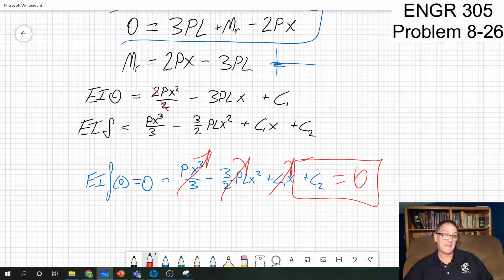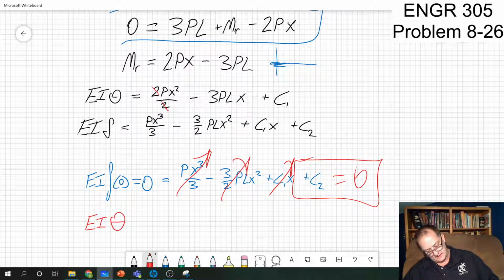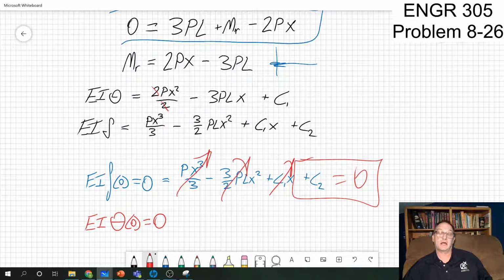The same thing is going to happen with the EI theta equation, because I know that the angle theta at 0 is equal to 0. That's going to eliminate the first two terms that have an x, and the only thing left is C1, which is therefore equal to 0.